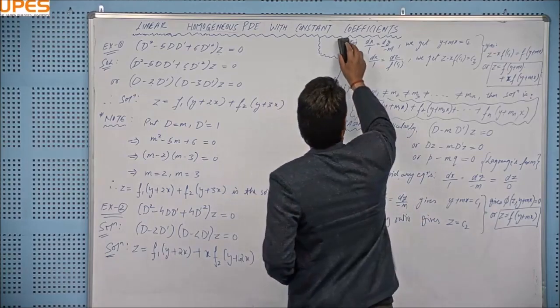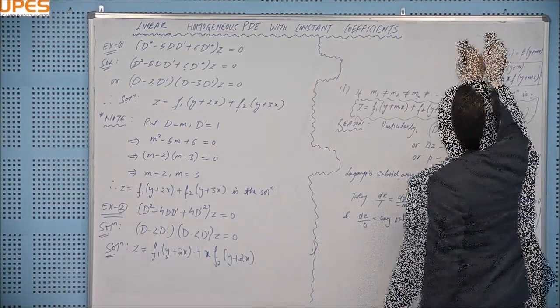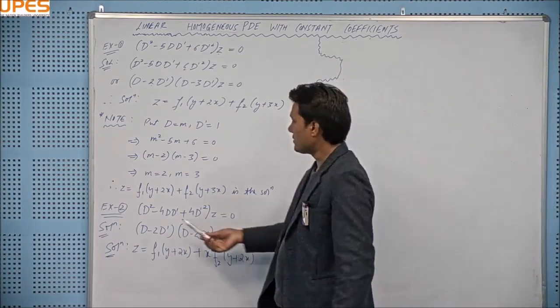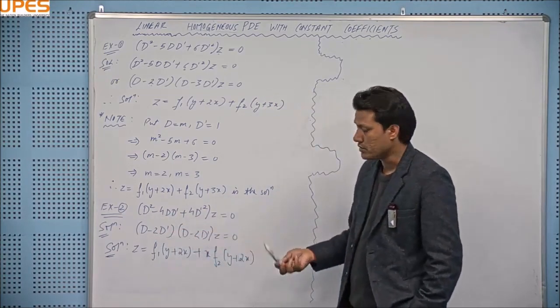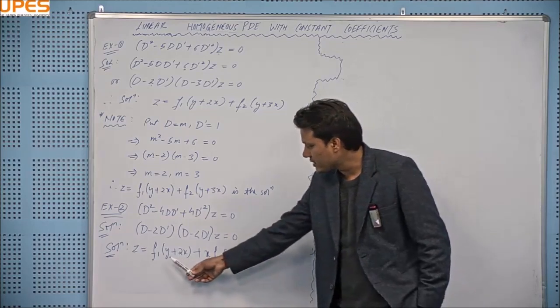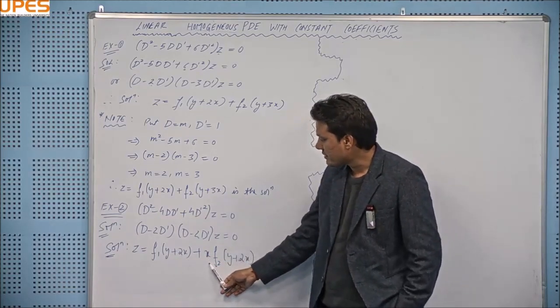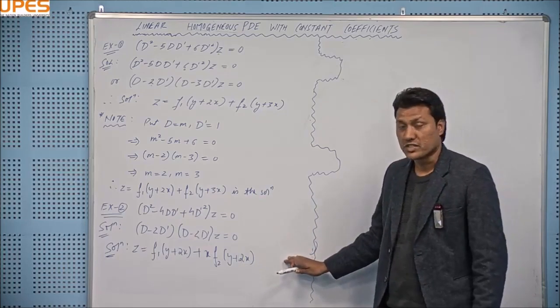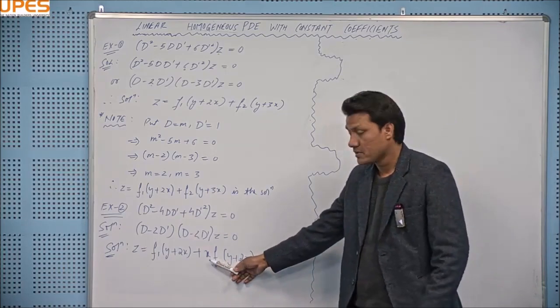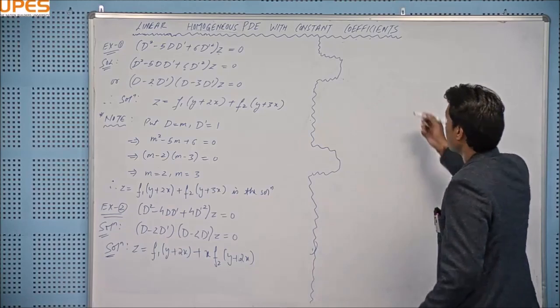So example number 3. Suppose this is a cubic equation and I got 3 roots which are equal to 2, 2, 2. In that case, I will write f1(y + 2x) + x f2(y + 2x) + x² f3(y + 2x). Means the multiplicity of x will be repeated accordingly, or it can be increased accordingly.